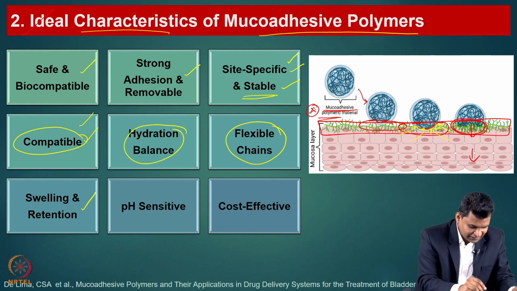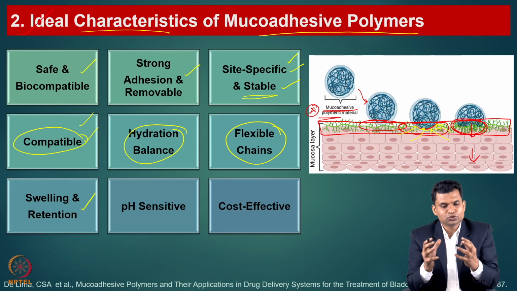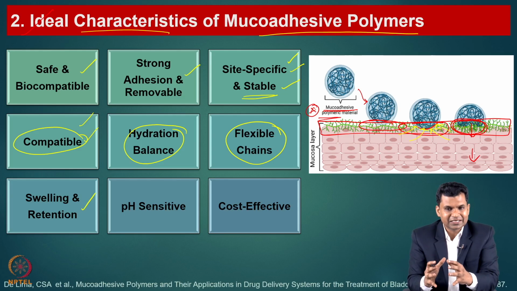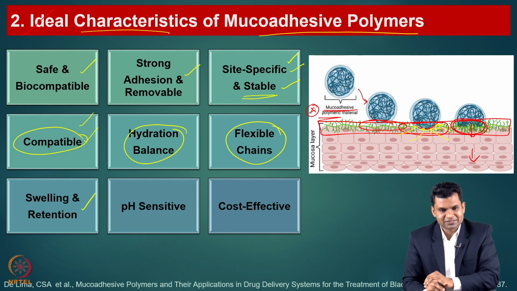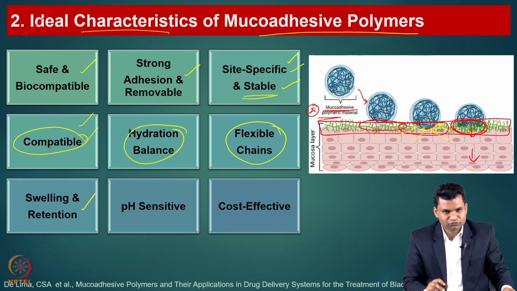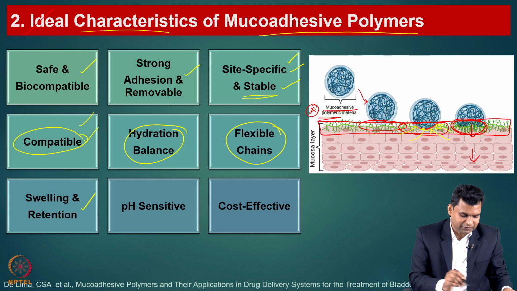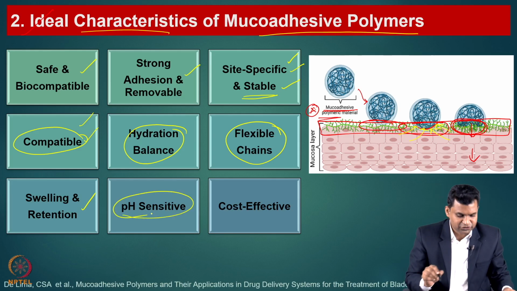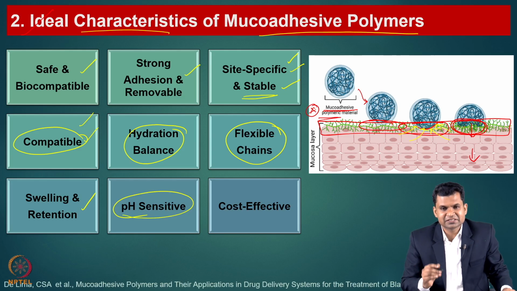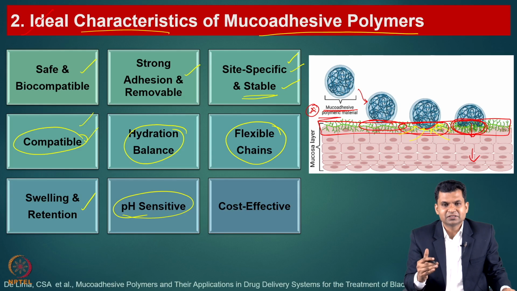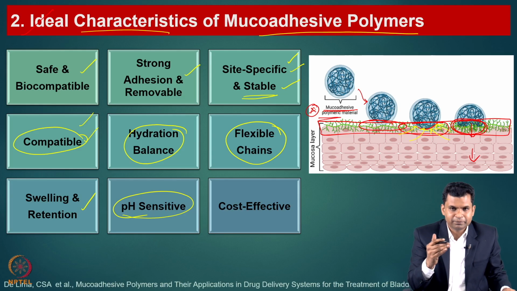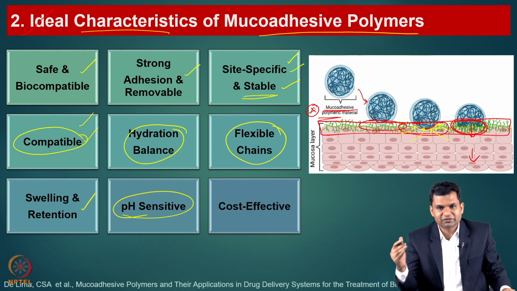And yes, after taking up water, your polymer needs to swell and be retained for a longer time, which helps for retention as well as for controlled release. So, swelling and retention properties are also very important for a mucoadhesive polymer. Not only pH sensitivity, we can also consider temperature sensitivity. Both cases are very important for treatment at various locations. The pH range will vary from 1 to 7.4.